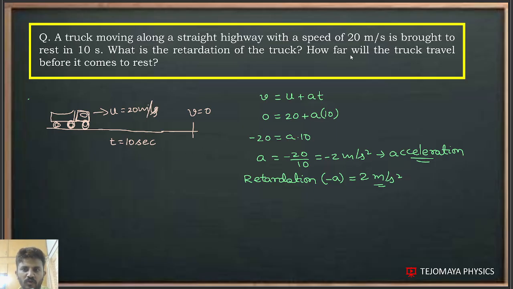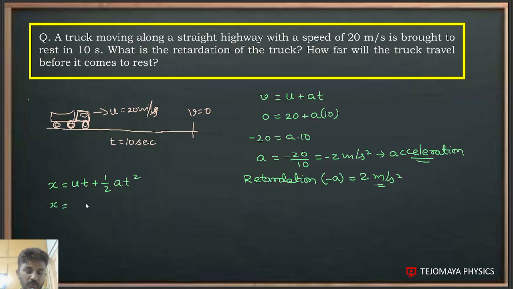Next, how far will the truck travel before it comes to rest? So what is the distance traveled? You can use v square is equal to u square plus 2as, or x is equal to ut plus half at square. Let me use x is equal to ut plus half at square.